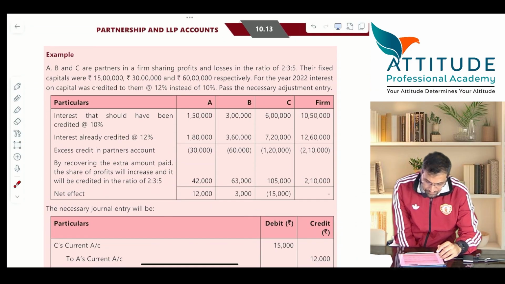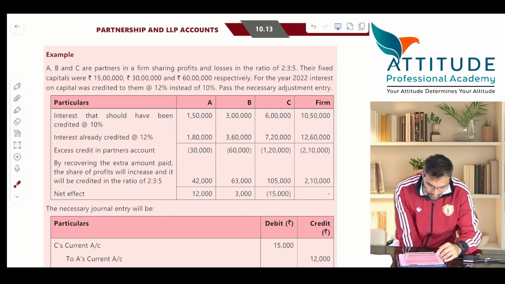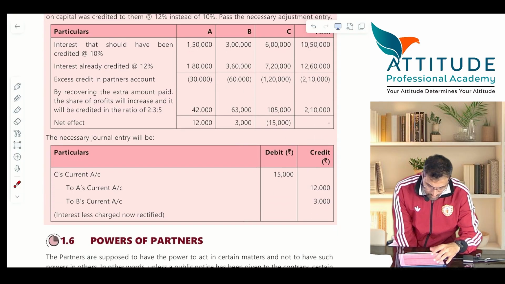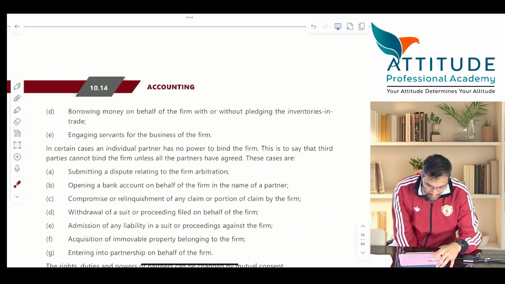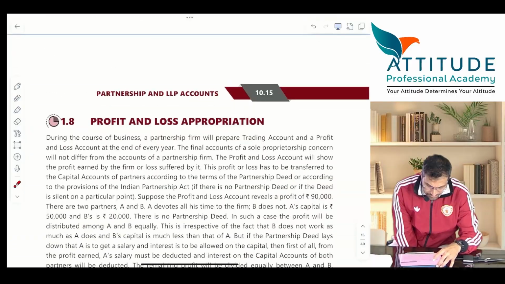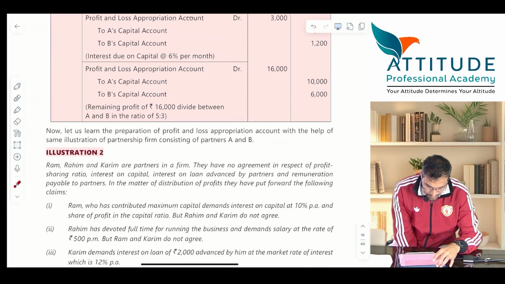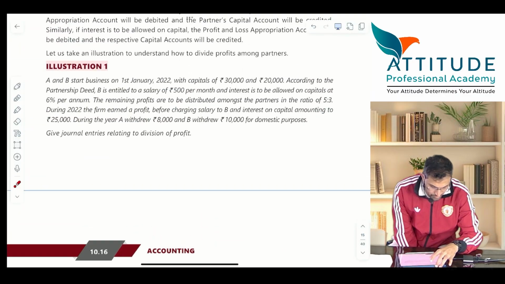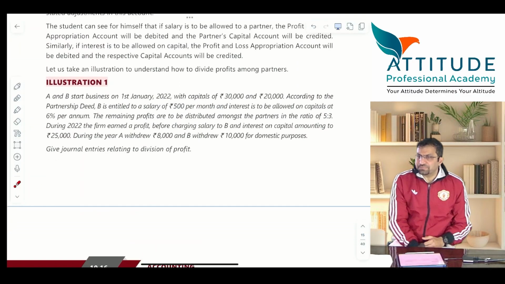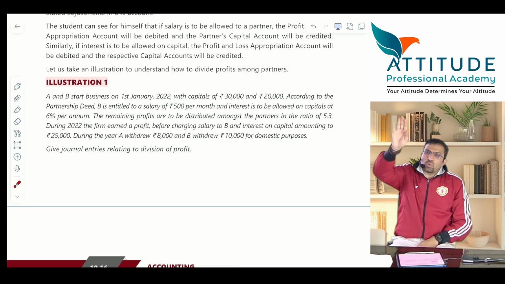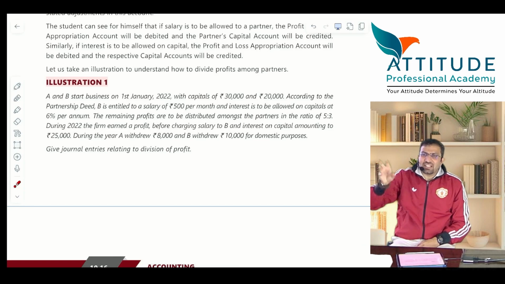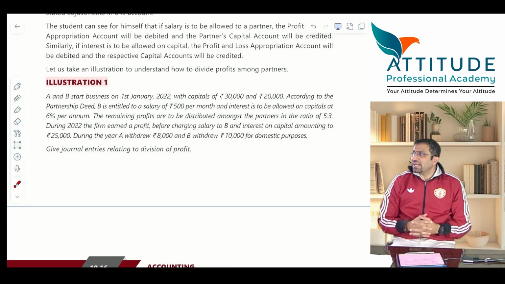Any difficulty? Okay, that sum we will take later on. Up till here, any difficulty, guys? All of you understood how to open the P&L appropriation and the provisions relating to it?